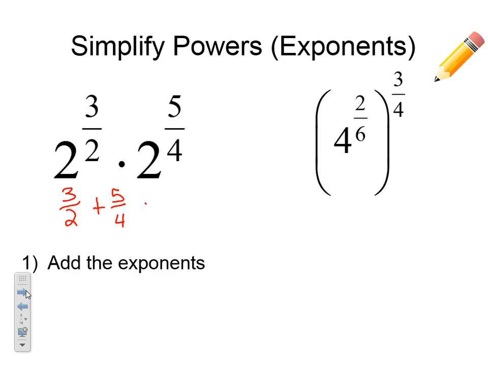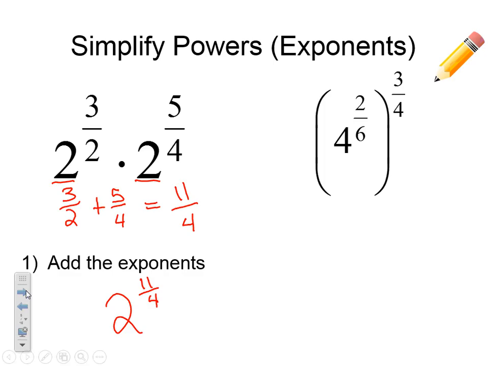So when I plug this into my calculator, you might get a mixed number. If you don't know how to change that into an improper fraction, we can talk about it in class. But you want to have it as an improper fraction, and that's going to be 11 over 4. So we have to add our exponents. Then, since they have the same base, we're going to rewrite it as 2 to the 11 fourths. Now, all of these we could solve for an answer. We're going to leave them like this for our examples, okay?